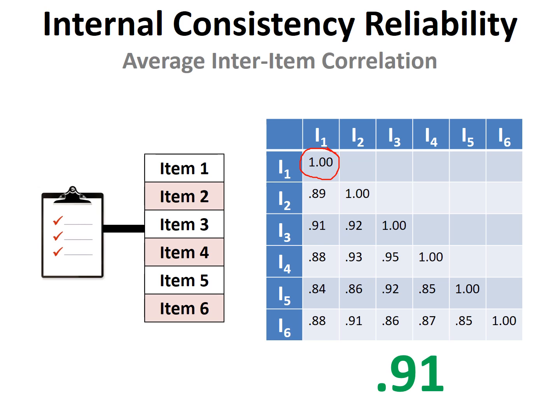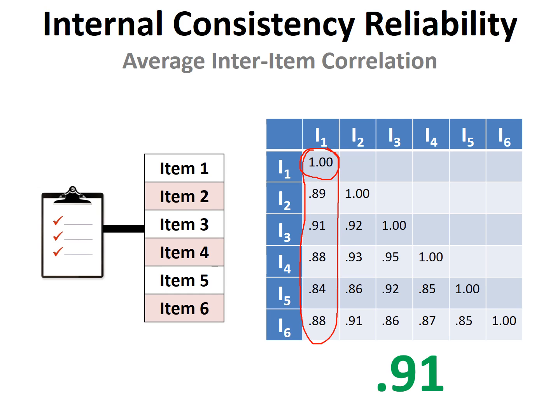That is, however anybody responded to item 1, it correlates perfectly with how well they responded to item 1. They either all got it right, or they all got it wrong. Obviously, the correlation between the same item is going to be consistent.